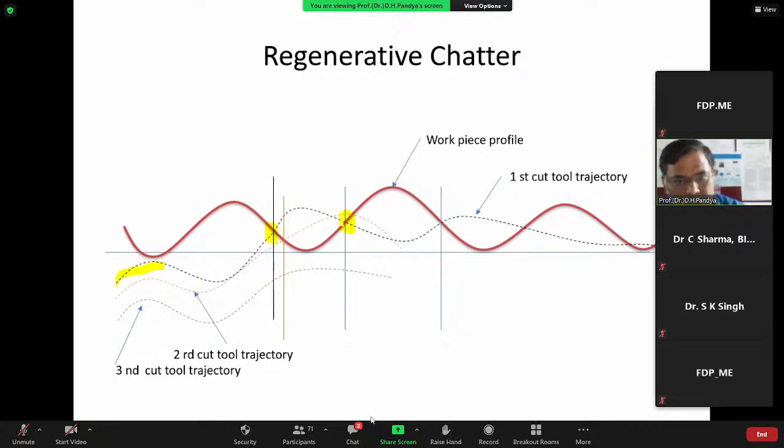If this span between point number 1 and point number 2 has enough time that my tool can damp out or settle down to its neutral position, then there is no problem. But we don't know this distance or timing. If the material releases from here and before the tool damps out it starts the operation again, then self-excited energy is released over here.